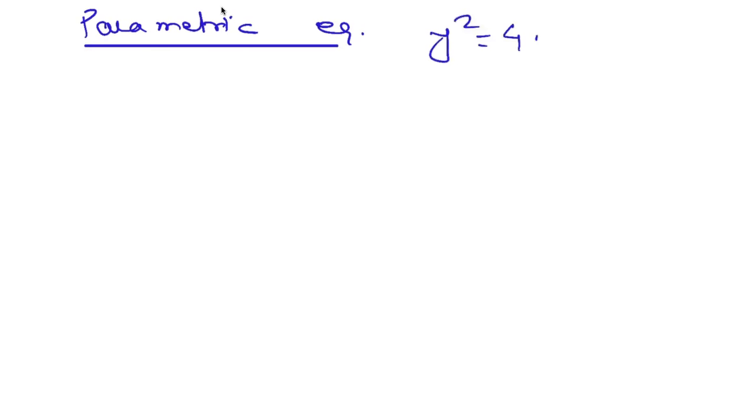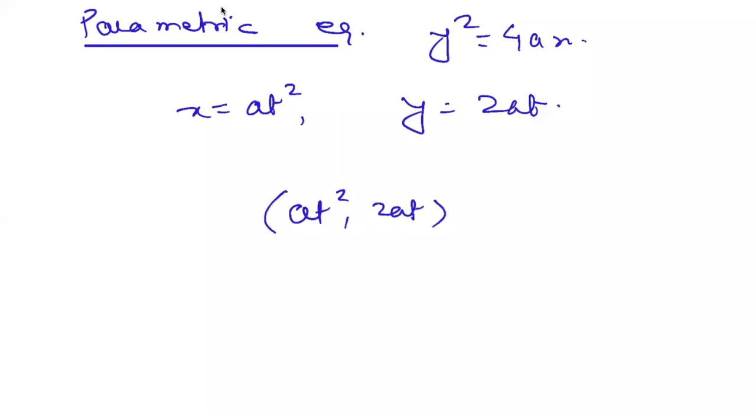Next, parametric equation. We have to form a parameter when we want to find, for the equation y square is equal to 4ax, in terms of parameter, we can rewrite this as x equal to at square. So definitely y is coming as plus minus 2at, but we are giving the preference to the plus sign. What is the meaning of this?